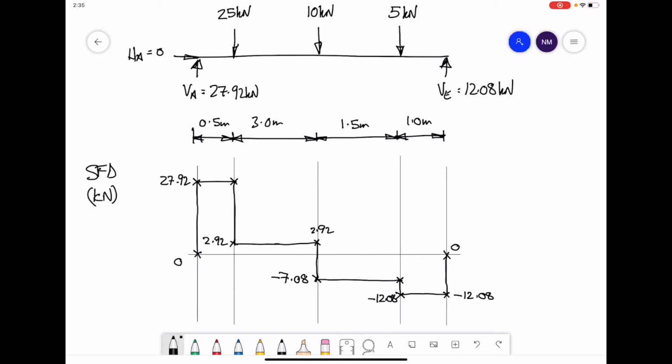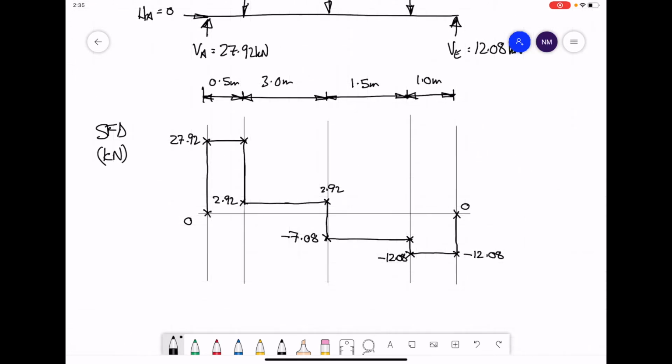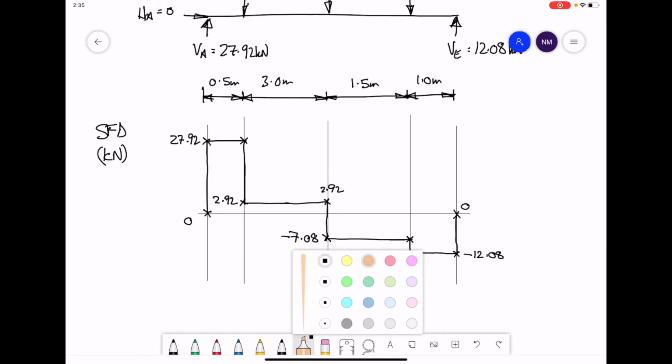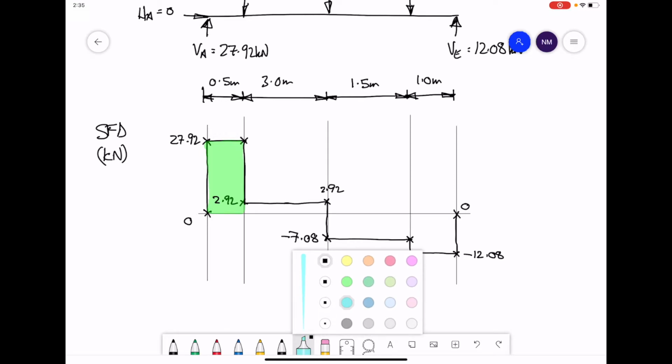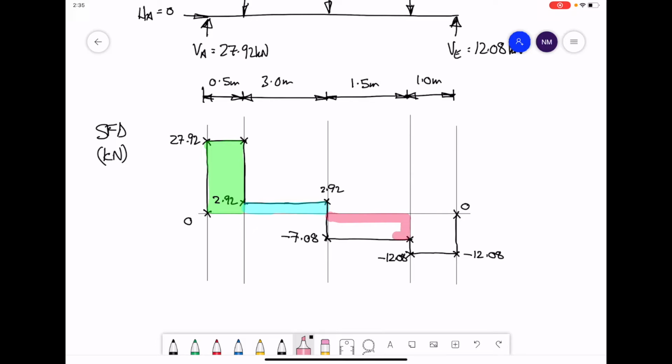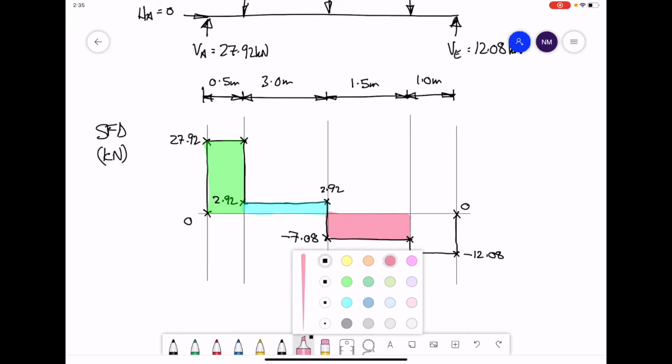To draw our bend moment diagram, we need to consider the areas we have on our shear force diagram, namely each of these rectangular areas. So to get the value for our bend moment points, we need to calculate these areas.